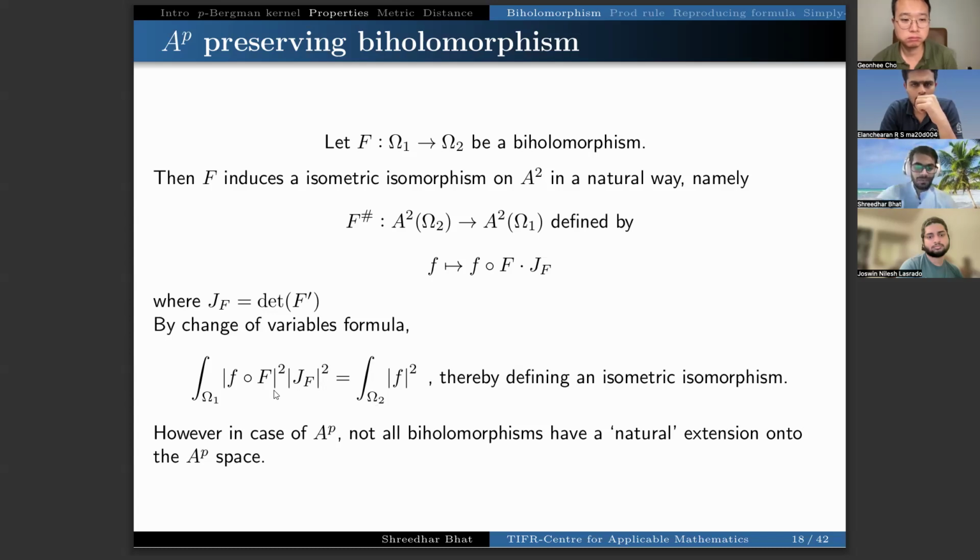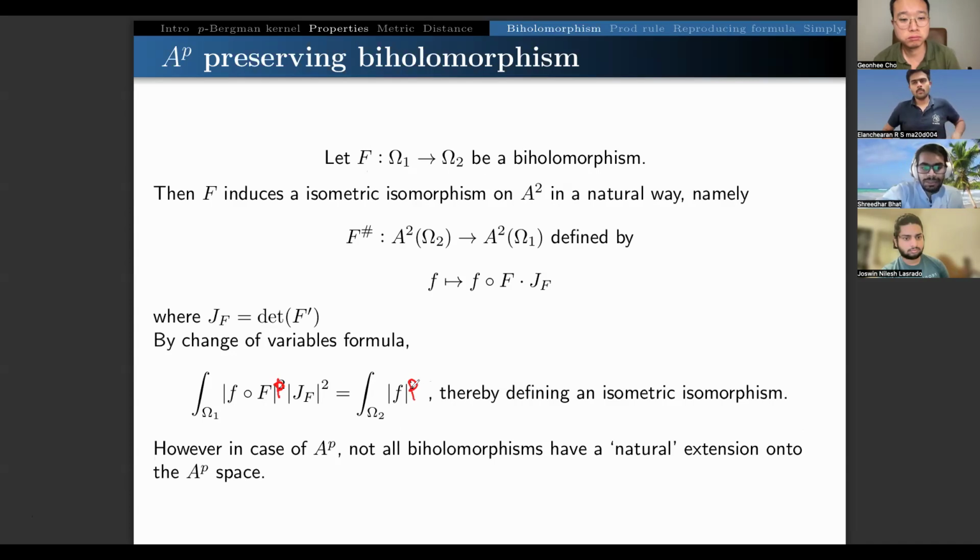But if you were to generalize this to A^p spaces, you'll get something like this. But this J_f squared will be J_f squared only, that is, the Jacobian will be J_f squared. So you'll have to define something like 2 over p, then raised to the power p, right? So that is where the 2 over p comes in.